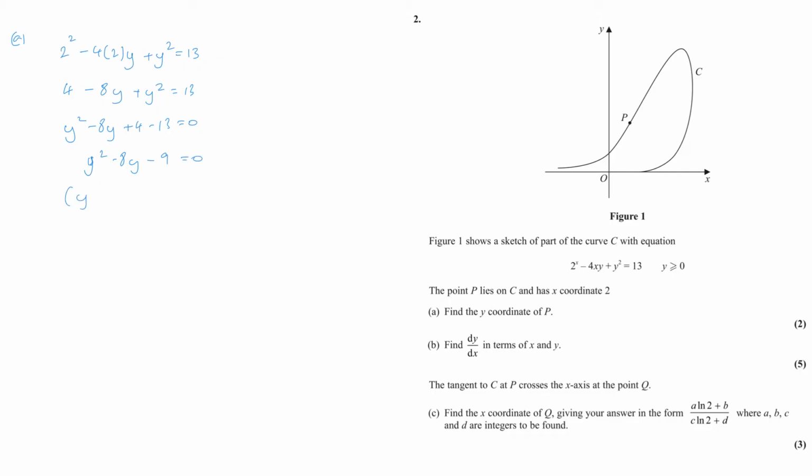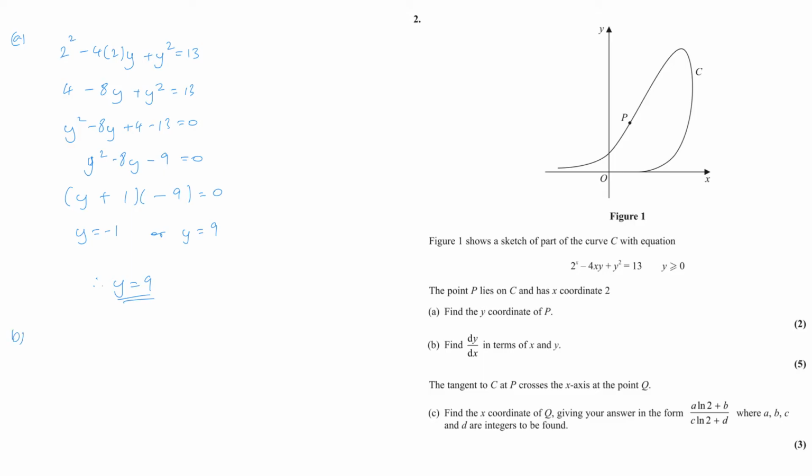This will factorize to 1 and 9. That's a minus, and that is a plus. So y equals -1 or y equals 9. We clearly want a positive value for y, therefore y equals 9 is our only solution.